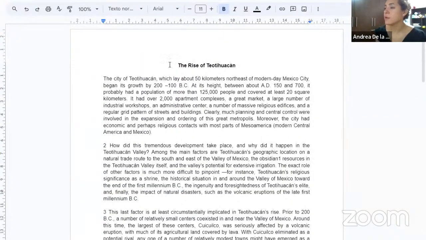So the first thing that you're going to do is read the title, of course. It says The Rise of Teotihuacan. That title is going to tell you a little bit of what everything will be about. It's going to give you an idea. So what do you think it is about, based on the title, The Rise of Teotihuacan?